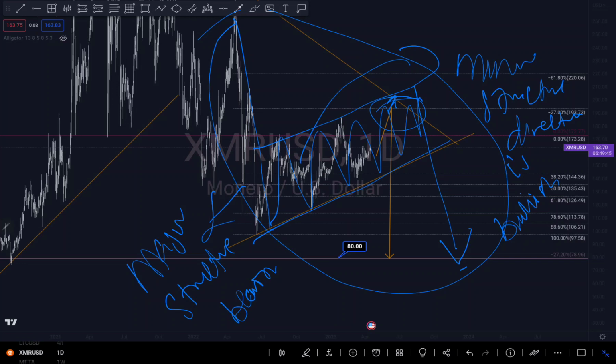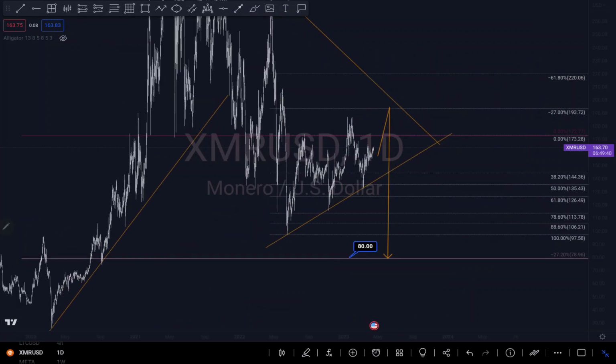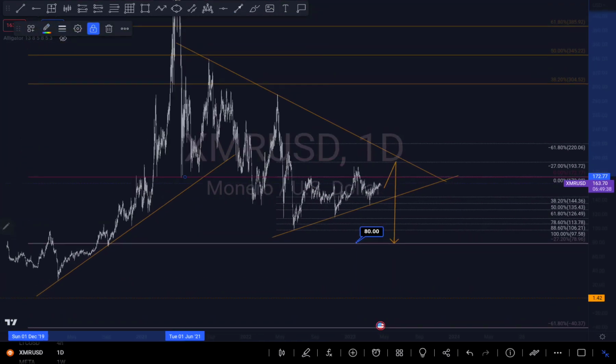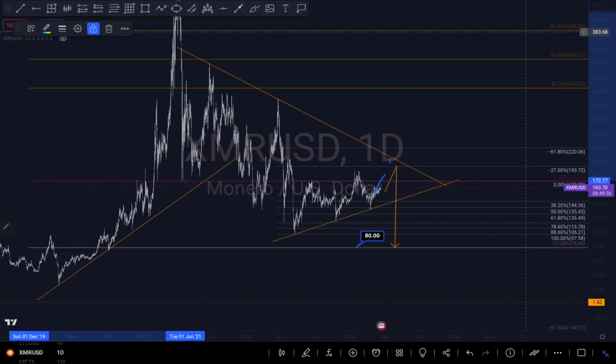So we're currently on a minor structure which is bullish, and that is why I said we might be going upward. If I zoom in a little bit, we can see whenever it gets to this level right here, there's a rejection, a possible total rejection, for it to give us a continuation pattern of the fall.